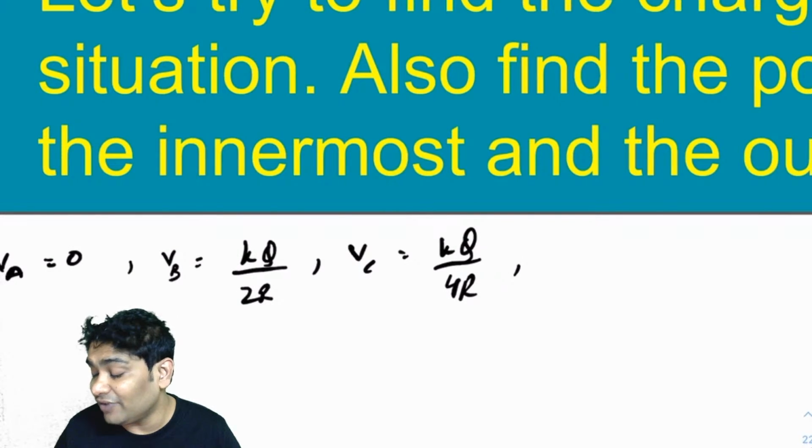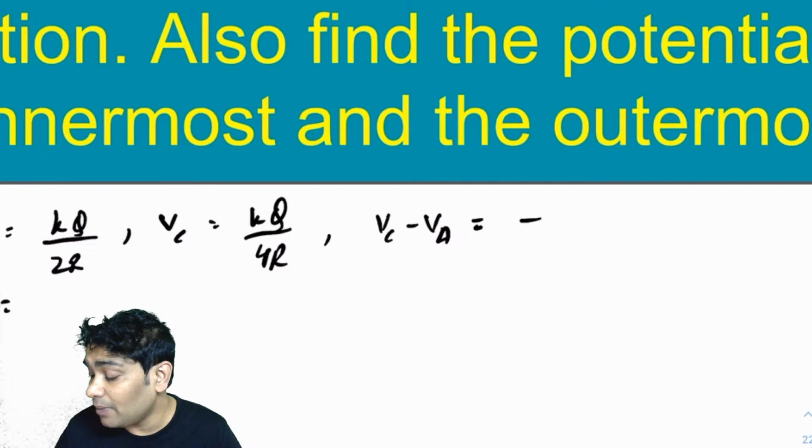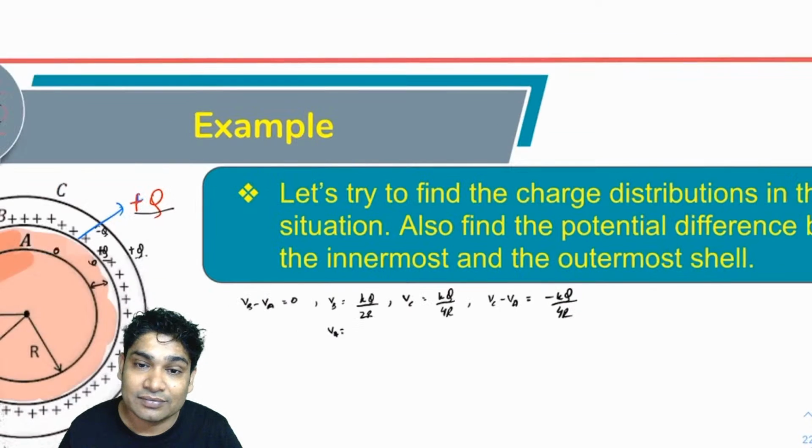So the potential difference VC minus VA would be this, which is also equal to VA minus KQ over 4R. That will be your answer for the potential difference.